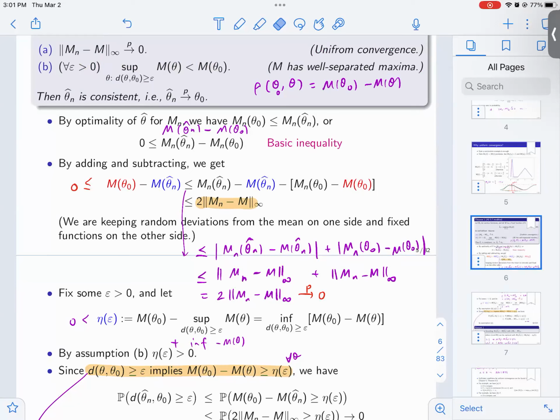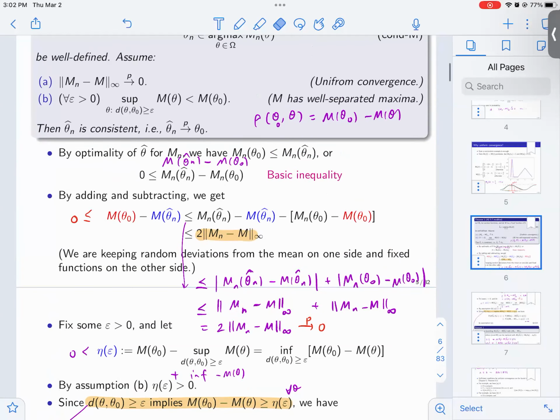Very simple argument, but there are a couple of key moments that you have to think about. So it gives you a general result, assuming that you can establish these two conditions.